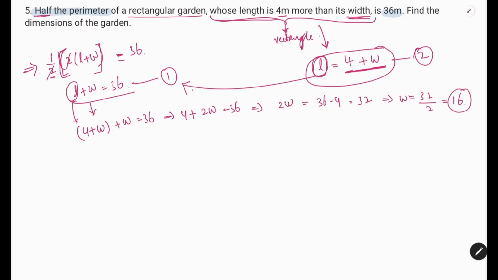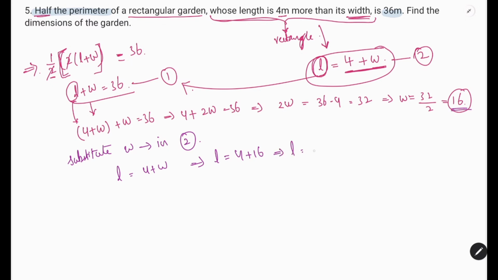So now substitute width in the second equation. Length equal to 4 plus W. So here length equal to 4 plus width, and the width here we got is 16.